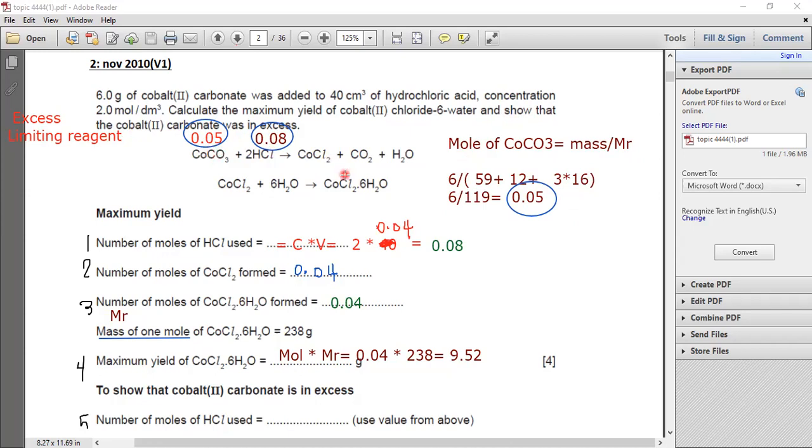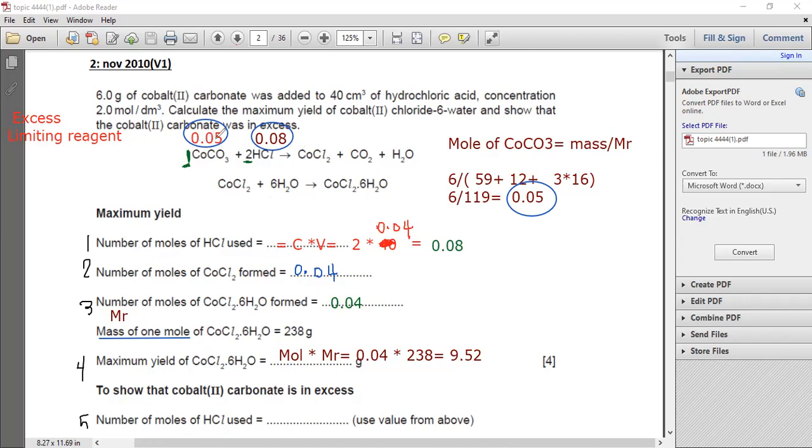Which one is in excess? Look, according to the mole-mole ratio, the number of moles of HCl is supposed to be double the number of moles of cobalt carbonate. Is it true? Cobalt carbonate is 0.05.